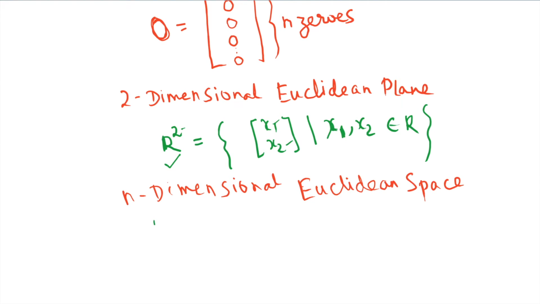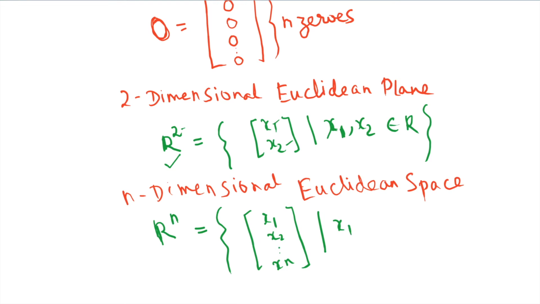An n-dimensional Euclidean space is represented by Rn, and it is the set of all vectors that have n elements such that all the elements of that vector belong to the real numbers set.